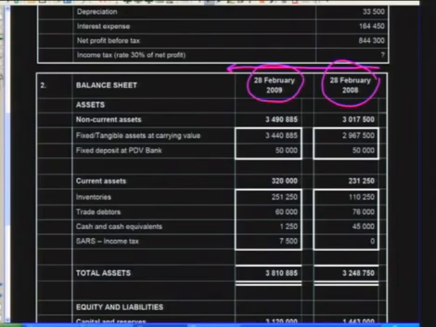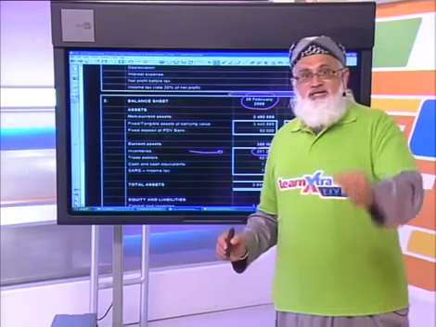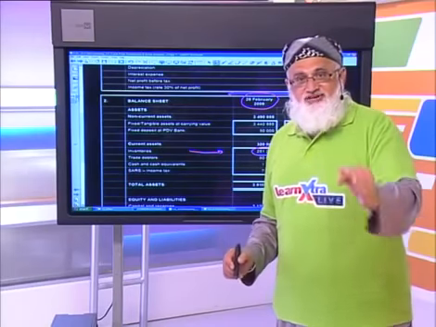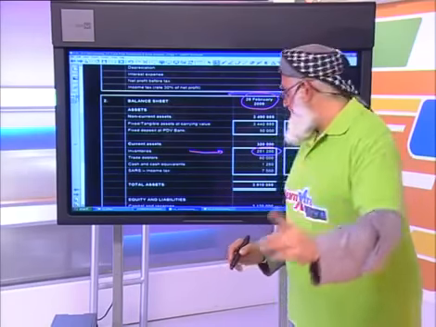Okay, looking at inventories. What happened to my inventories? Clearly you can see my inventories were 110,250. There's the figure. And now my inventories have moved up to 251,250. Immediately you can see there has been an increase in my inventories.